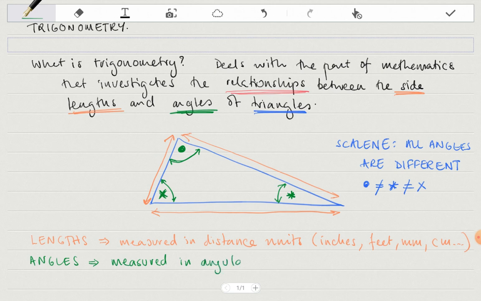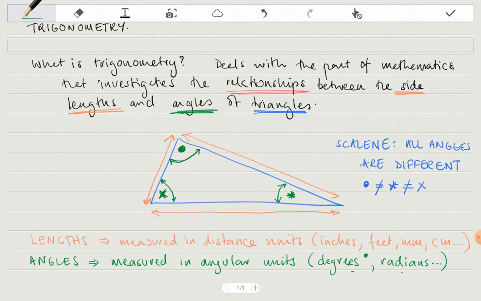That's usually degrees, the little sign on the top that we use, or it could be radians. But it's usually one of these two, degrees or radians.